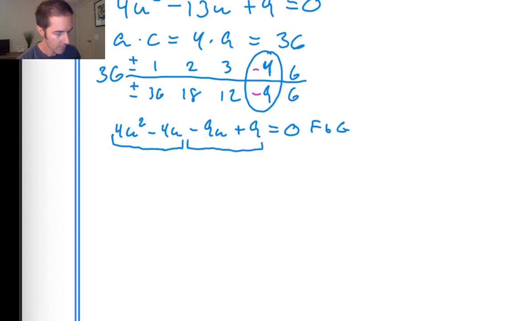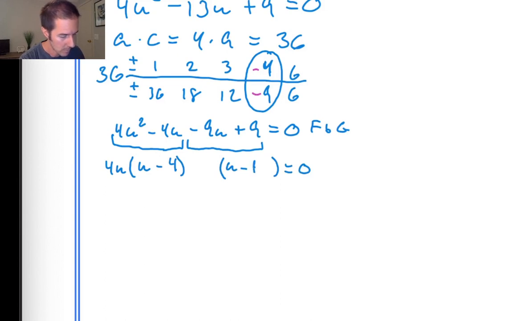Okay, factor out the GCF. That's a 4u. I'm reverse distributing. The leftovers are u minus 4. I'm distributing in my head to check my work. Yep, that looks good. GCF out of these next two terms. Well, don't forget that my hope is that what's left is going to be a u minus, oh, I made a mistake. 4 times 4 does not equal negative 4.